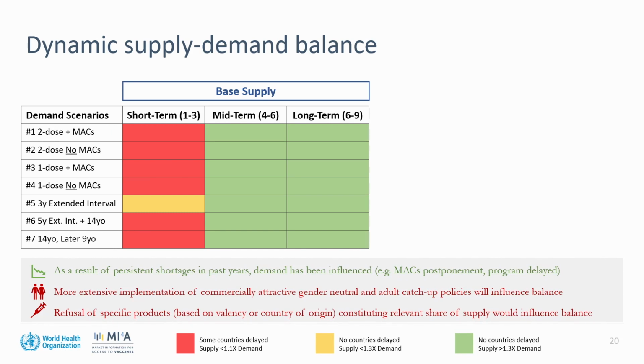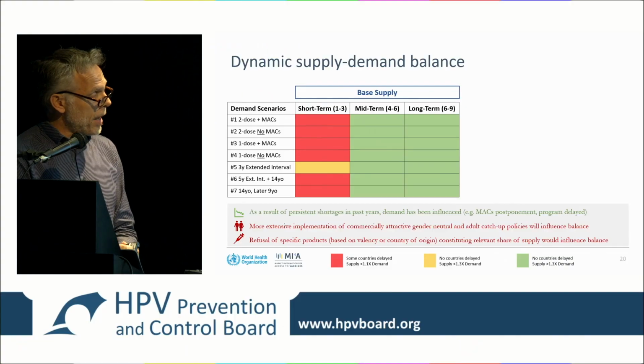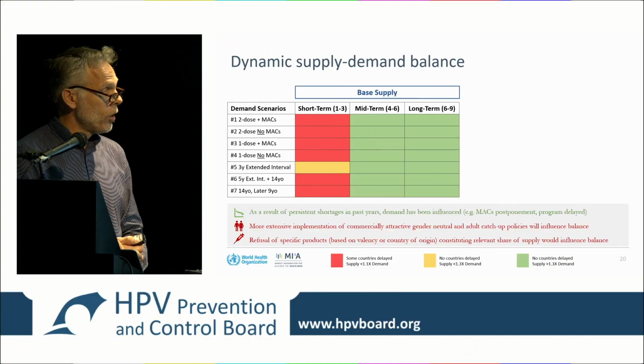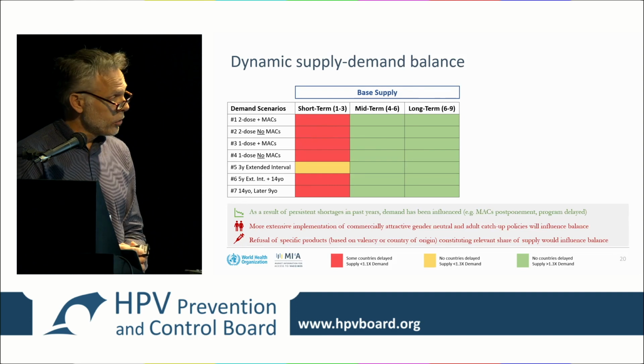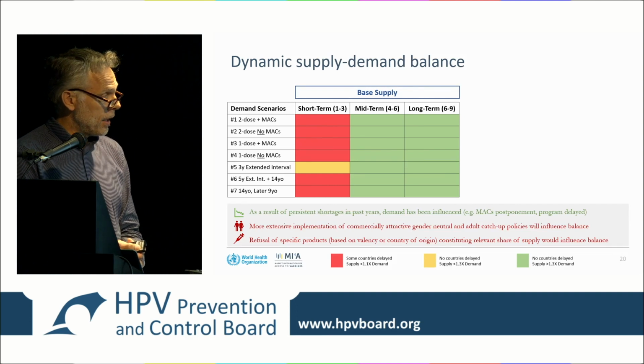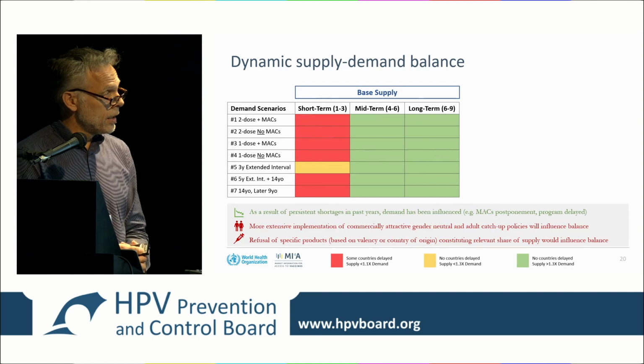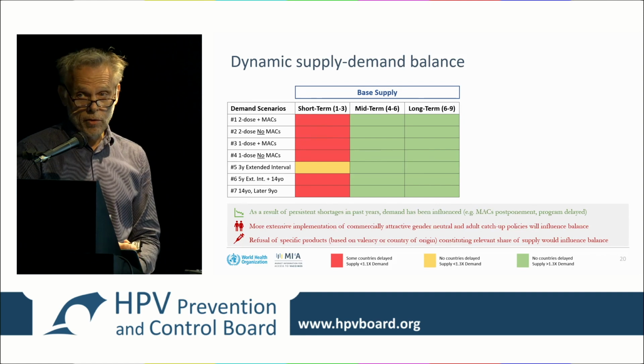And the one scenario that stands out as potentially alleviating the supply situation somewhat is the extended interval. We had 3 years, it could be 5 years, but from this analysis we said none of the other scenarios would really have a big effect in the short term. The extended interval does. We think that in the midterm and long term we are fine.